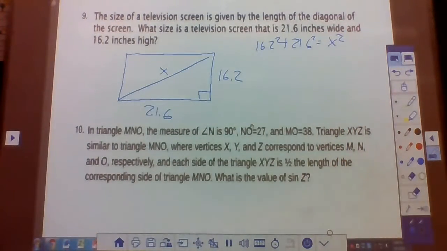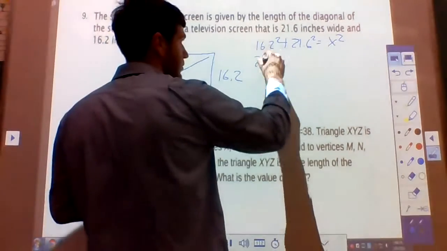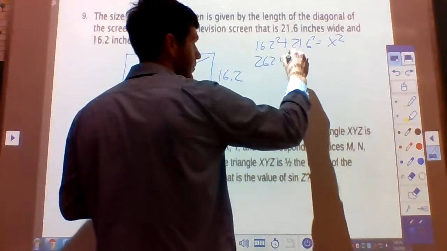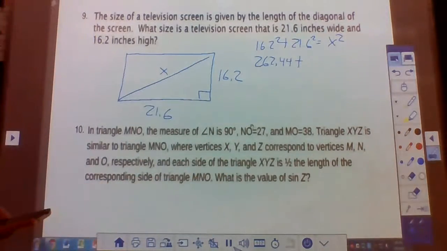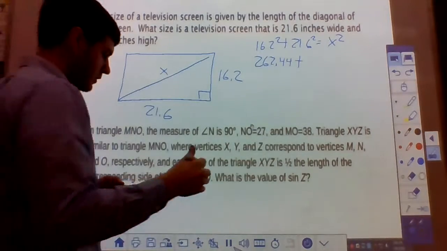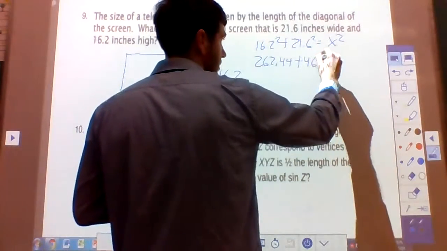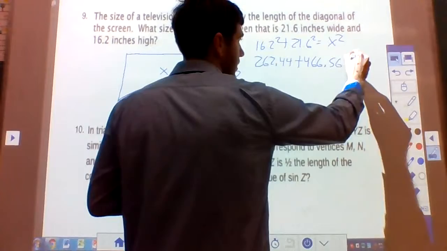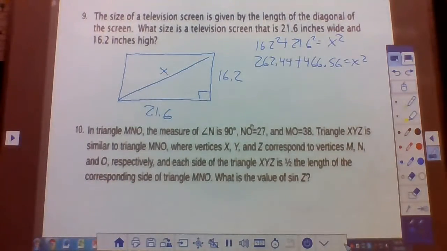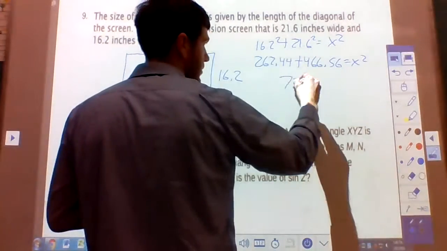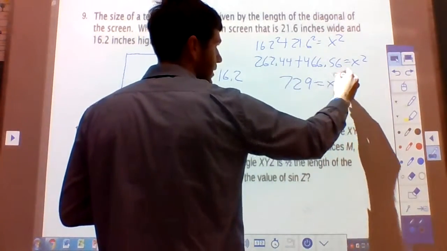So 16.2 squared is 262.44. 21.6 squared is 466.56. Okay, those added together, we get 729 equals x squared.